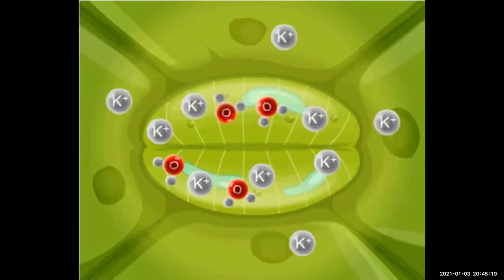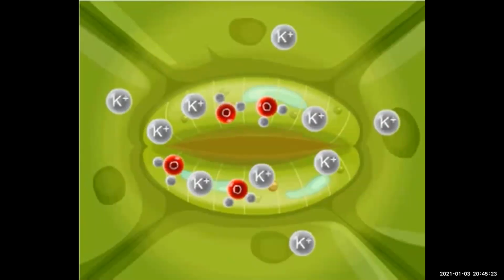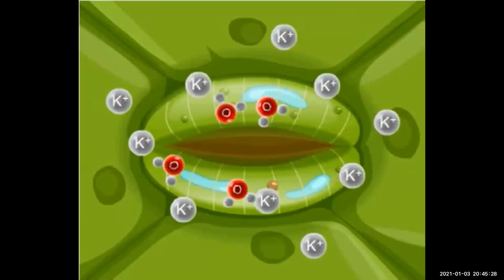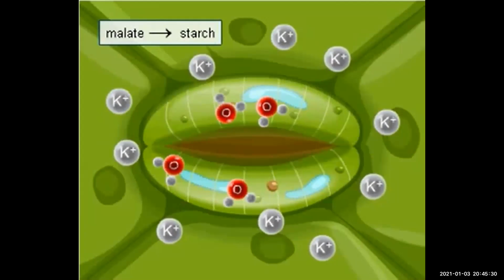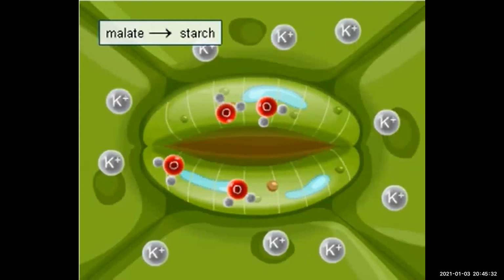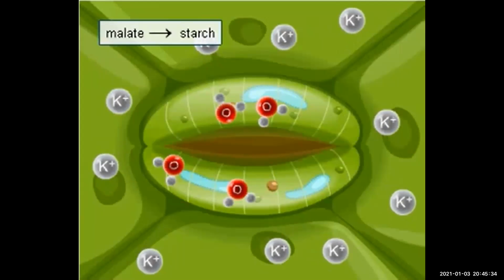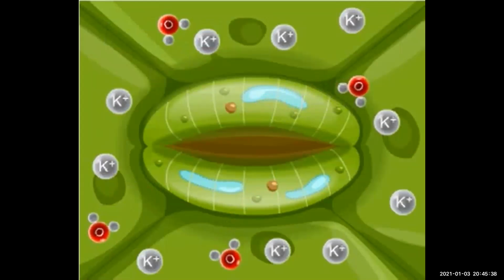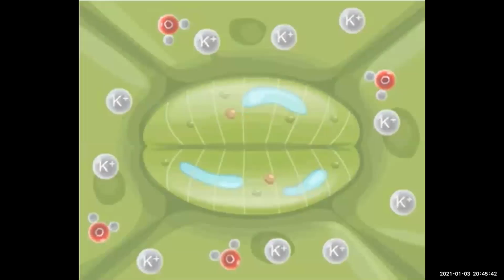This brings about a change in the shape of the guard cells and the stoma opens. In the late afternoon, when the potassium ions leave the guard cells, the malate in the cytoplasm changes back into starch, and the water potential in the guard cells increases. Water leaves the guard cells, their turgidity decreases, and the stoma closes.